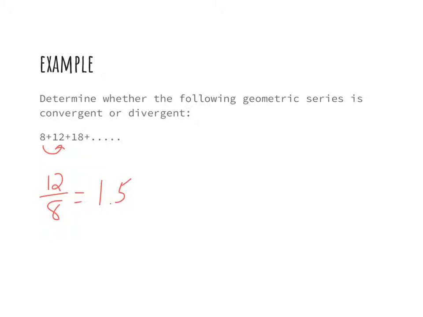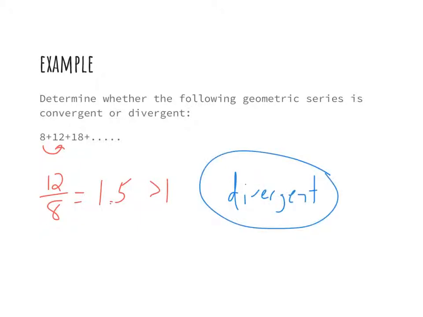So my common ratio is 1.5, which is greater than 1, which means that this is a divergent series. Again, between -1 and 1 is convergent, less than -1 or greater than 1 is divergent.